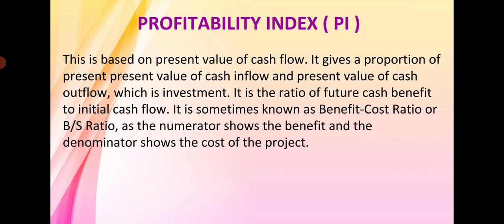So again, it is a simple method for selecting any capital project. The formula of profitability index is present value of cash inflow divided by present value of the investment.